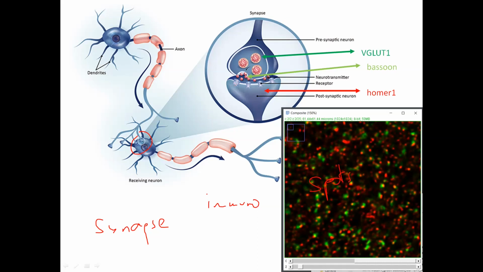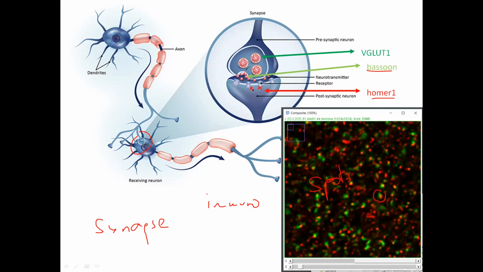In this case, to see my synapses, you see some examples here, I did a staining for bassoon, which is in the active zone of the synapse, on the presynaptic part, the part that will give the signal. And in red, you have Homer1, a protein just beside the receptors on the postsynaptic side.